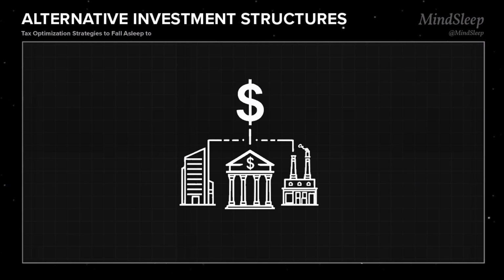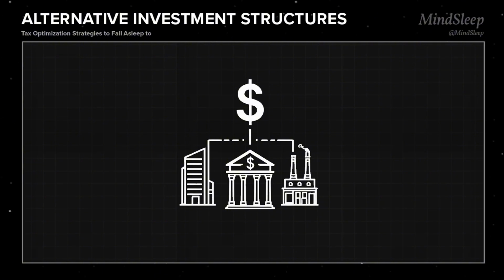Some private placements might be structured to generate losses in early years, which can be used to offset other income while providing the potential for significant gains in later years.